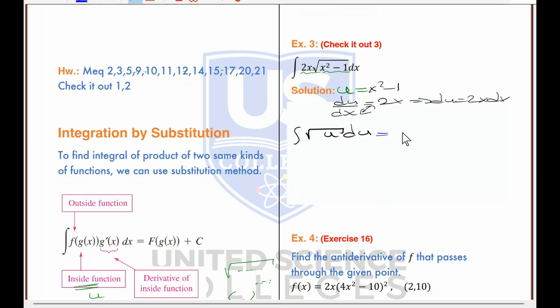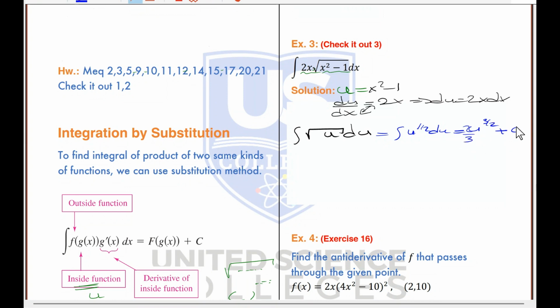So, let's rewrite this function as u to the half. Then apply the inverse power rule. Increase the power by 1, 3 over 2, divided by the same power, 3 over 2, flip it, 2 over 3 in front, plus c, right?